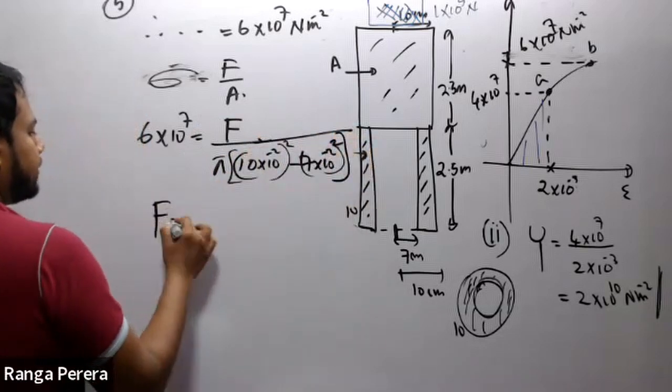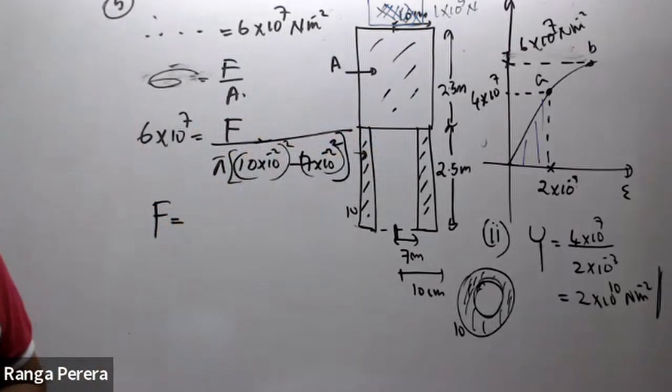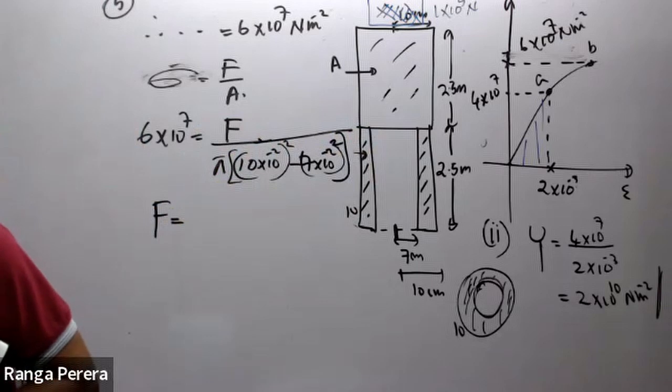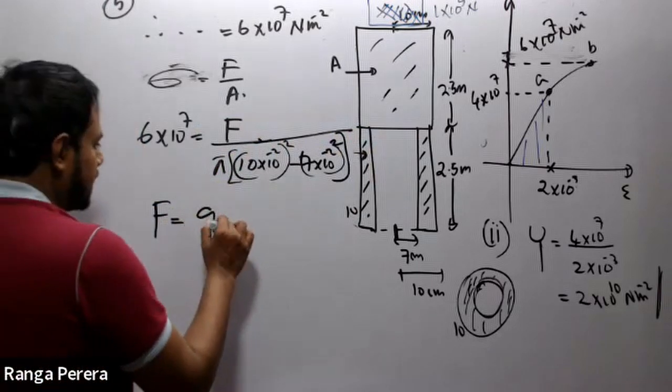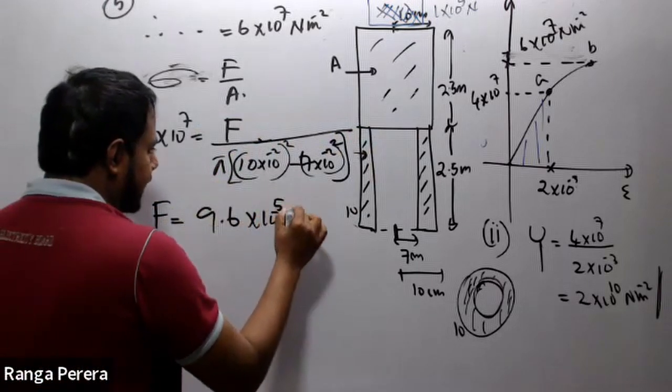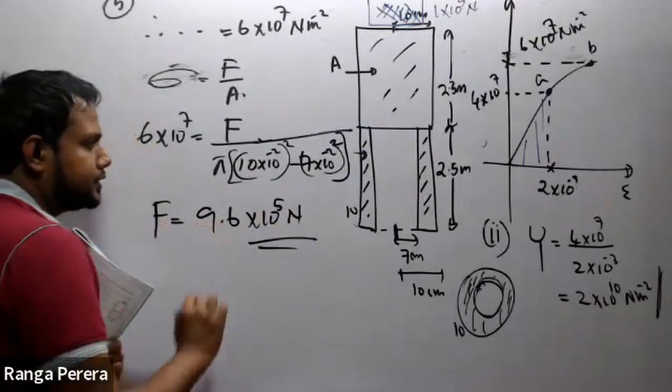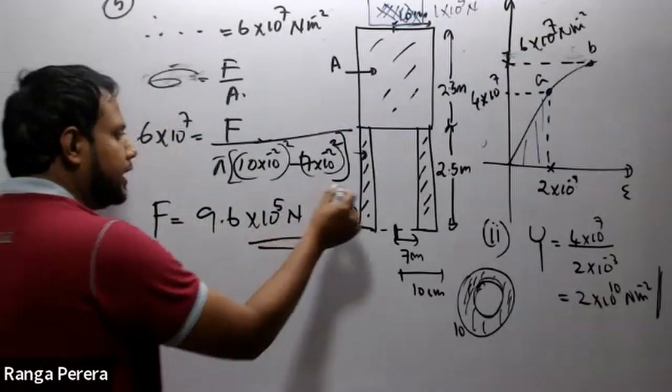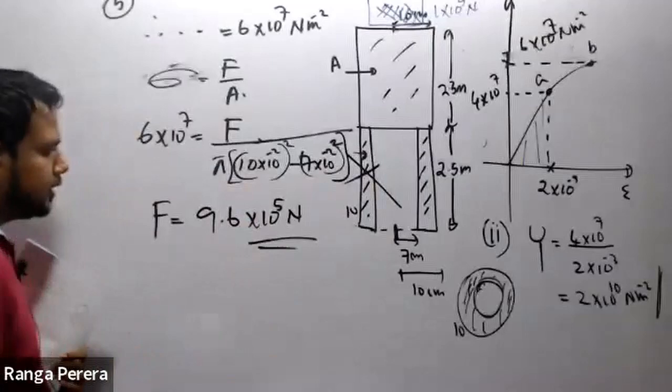So with that we can find the force. What kind of a force should it be? 9.6 × 10 to the power 5 Newton. If you apply this kind of force, it will definitely start to break.